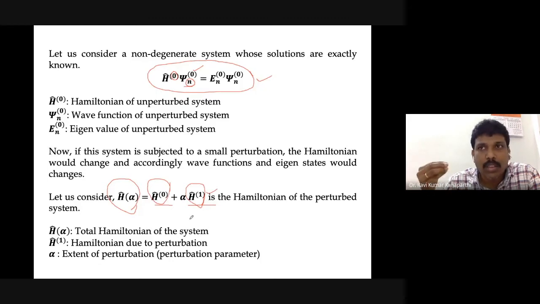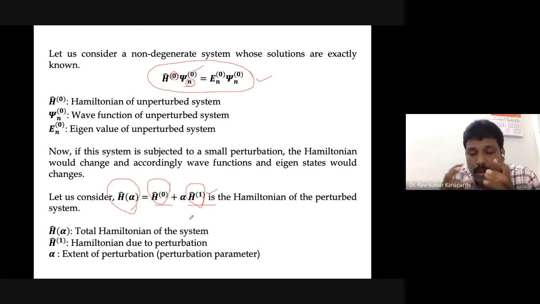So this H1 indicates the Hamiltonian that corresponds to the perturbation. Okay. Now there is a Hamiltonian that corresponds to the perturbation, and there is another Hamiltonian that corresponds to before perturbation, that the Hamiltonian of the system is given by H0. So add them together, that gives you the total Hamiltonian of the perturbed system.